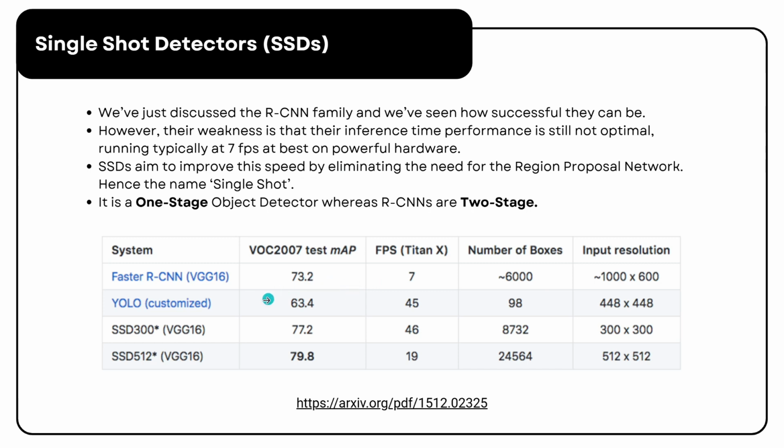Even with improvements like Faster RCNN, these models typically run at only 7 frames per second, even on a powerful GPU. Why? Because RCNNs are two-stage detectors. First, they generate region proposals, and then they classify them.